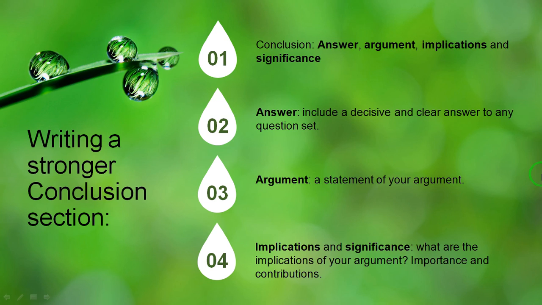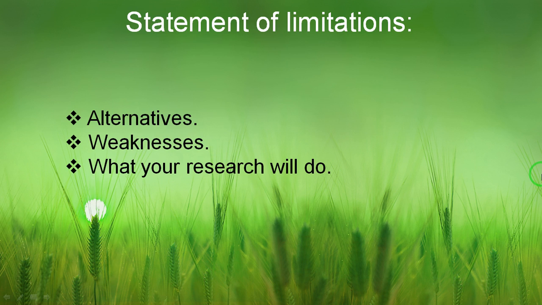You have to have implications and significance of your argument. In your conclusion, you have to have statement of limitations. So you have to have your alternatives, weaknesses, and what your research will do to overcome those weaknesses.